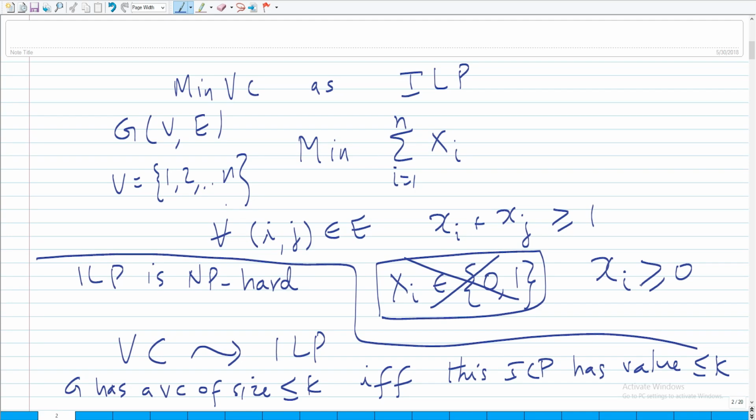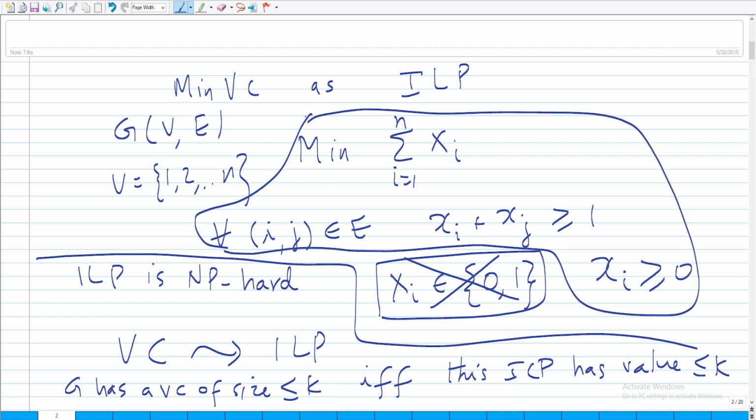Just look at this LP. This is my LP. Do I need the extra constraint that x i's should be less than or equal to 1? Why not? You are trying to minimize the sum.